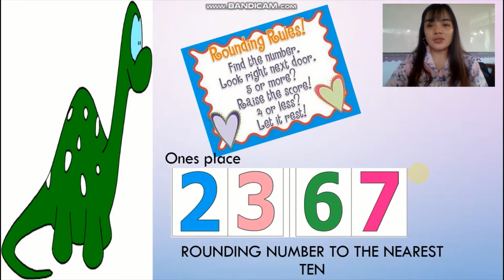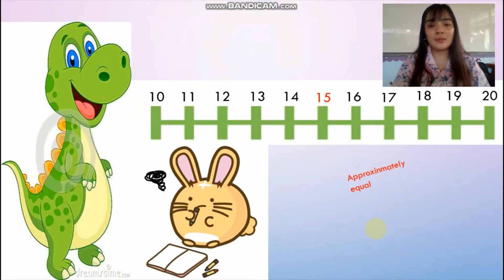So let's try this. What is the number in ones place? It is 7. So 7 is higher than 5, then we need to round it to the highest possible value. We have here an example.